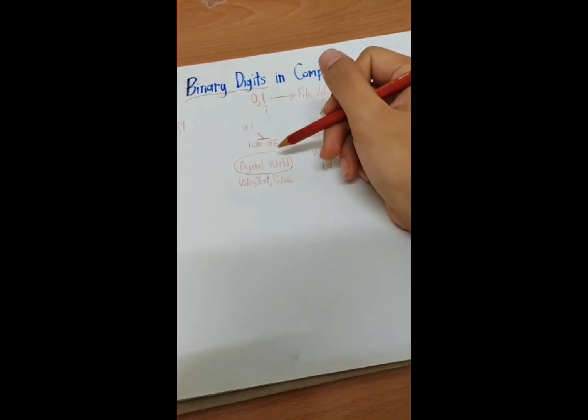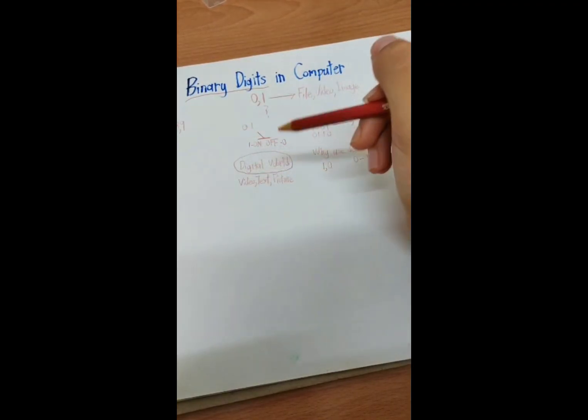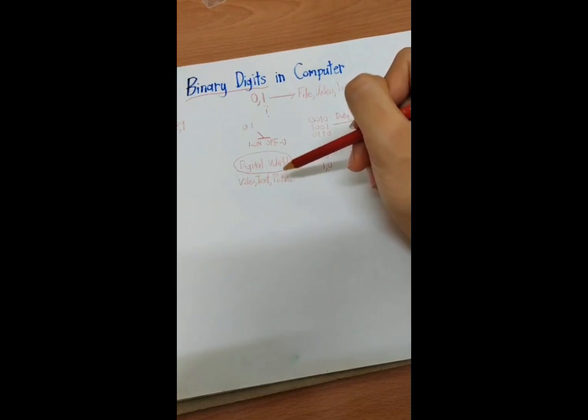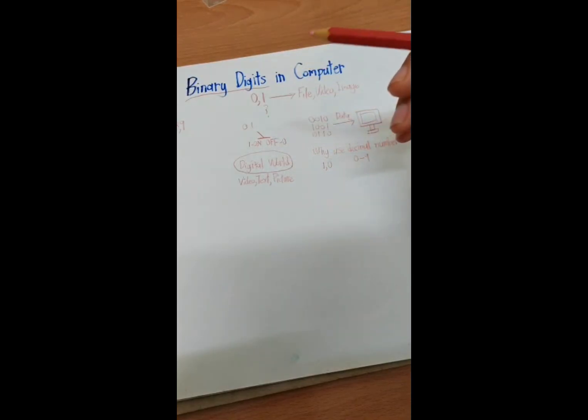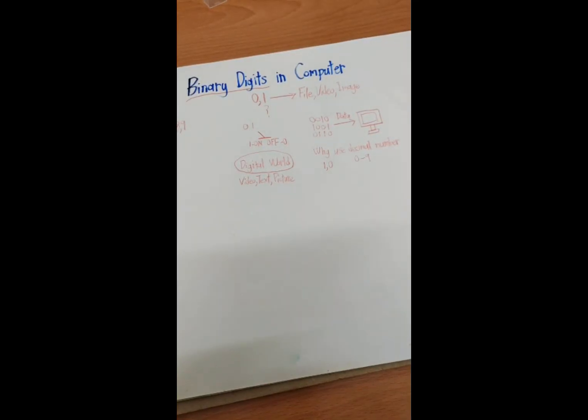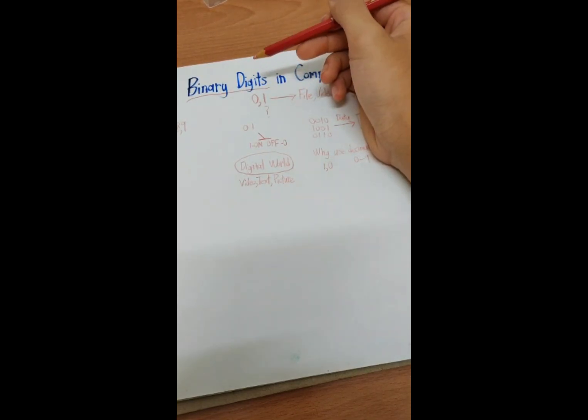At the end, in the digital world, the video, the text, and the picture are all in binary form, although our eyes cannot see it because it runs in the computer system. So in the end, the binary digit is the most efficient way to store and process data within electronic circuits.